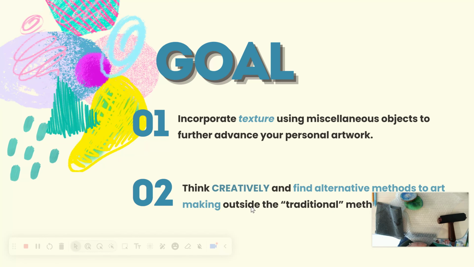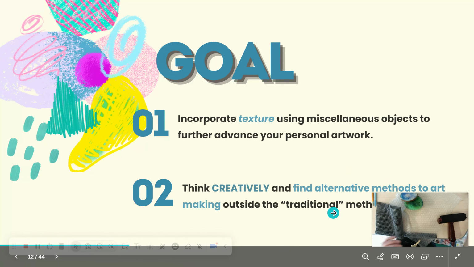My goal for this and overall is for you to think about how you can add texture without having to just go straight forward and draw it or paint it, but implementing other things as well. So maybe more like alternative or non-traditional methods to create texture.